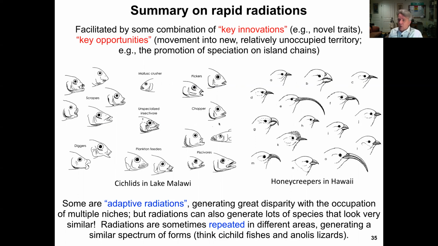They're occupying multiple distinct ecological niches. But some radiations can be rapid. Some radiations can produce a lot of species that look very similar to each other. So think of this as the opposite of an adaptive radiation. And radiations are sometimes repeated in different areas. Think of the different rift lakes in East Africa, as well as different islands of the Caribbean.